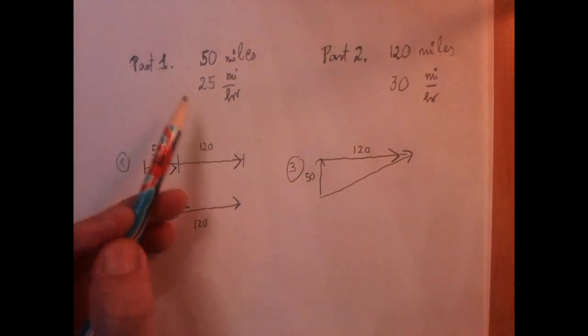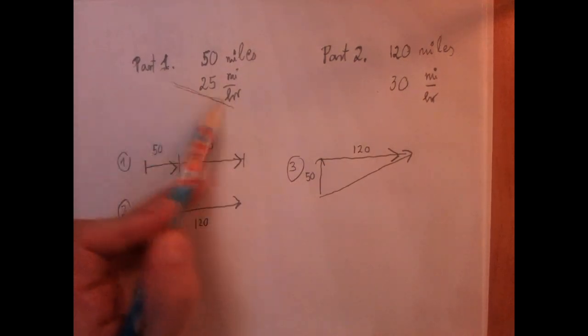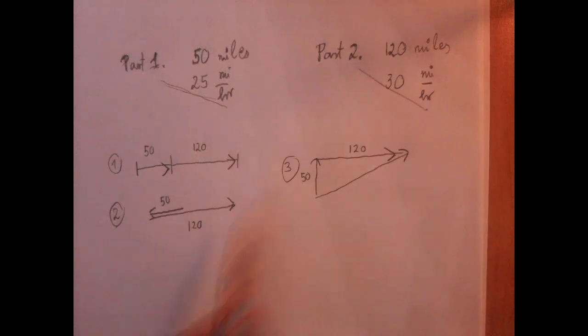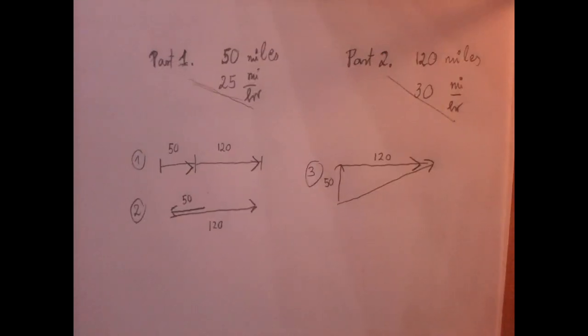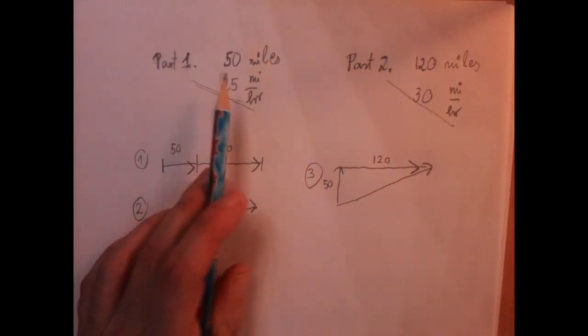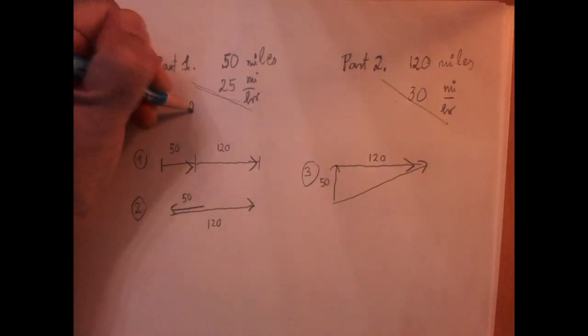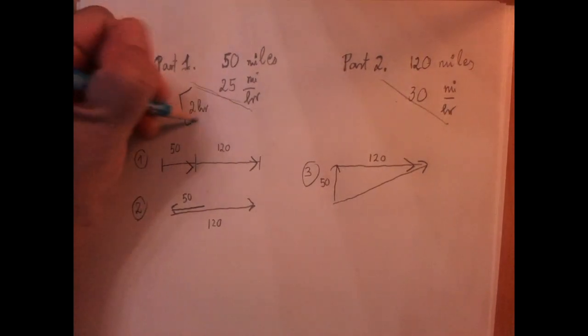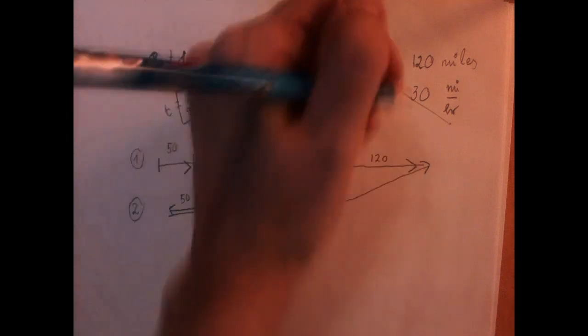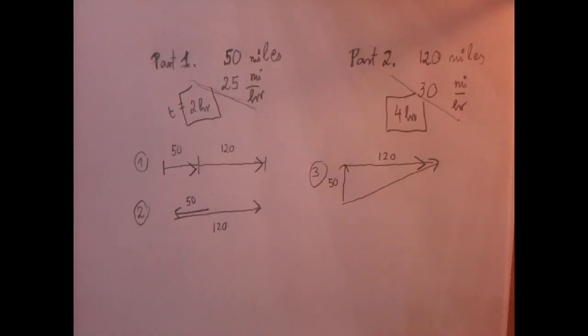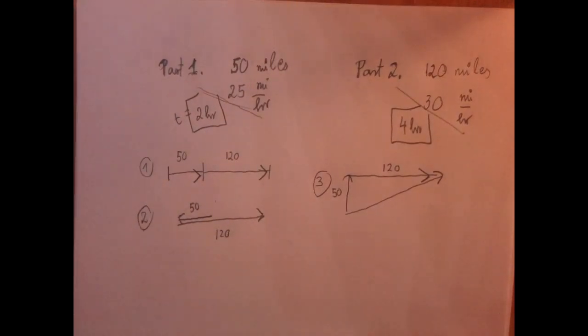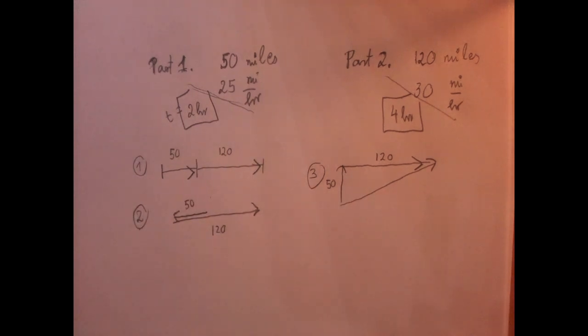So let's first figure out how much time these 2 parts took, and that's going to be true for all 3 cases. If we travel with 25 miles per hour, it's going to take us 2 hours to cover a 50-mile trip, right? And this one would be 4 hours. The handout has detailed computations with the units. If you need more on this, just look it up there in the handout.